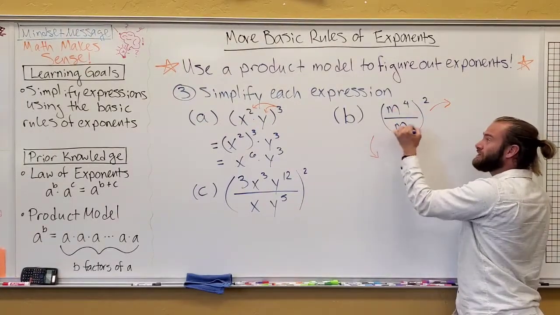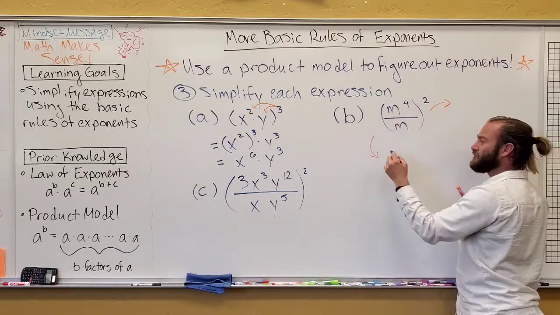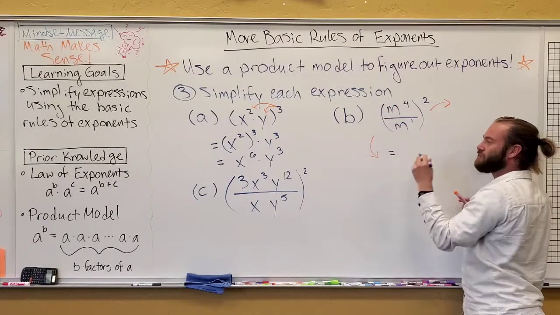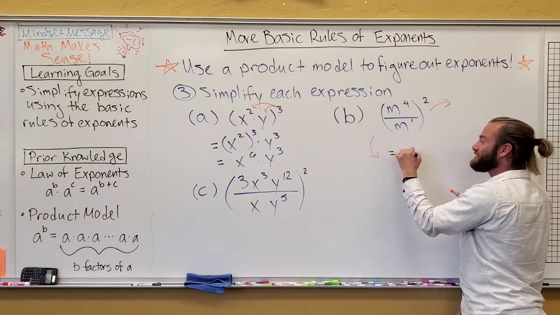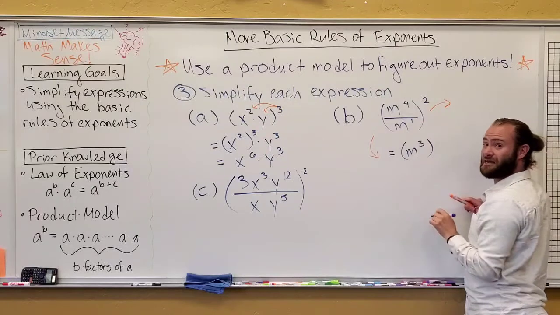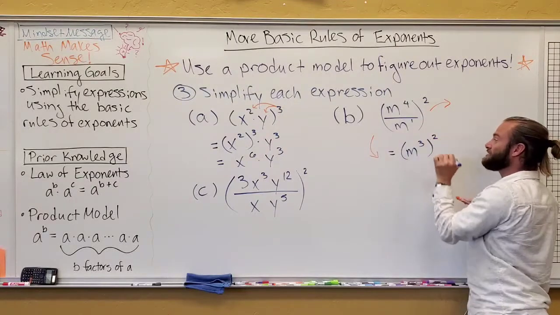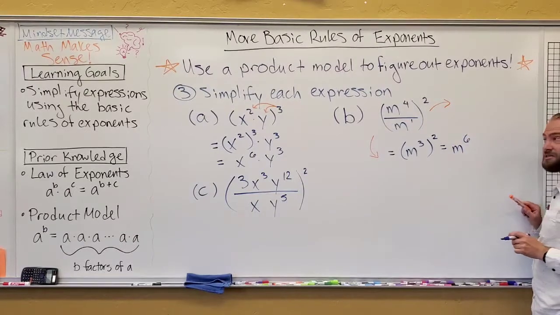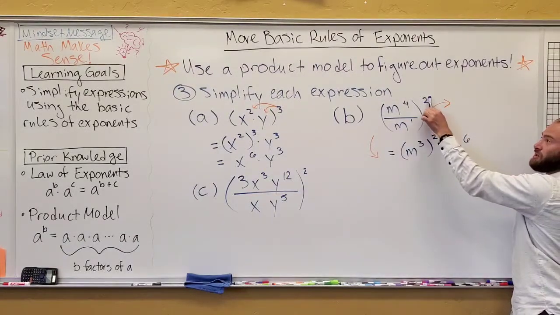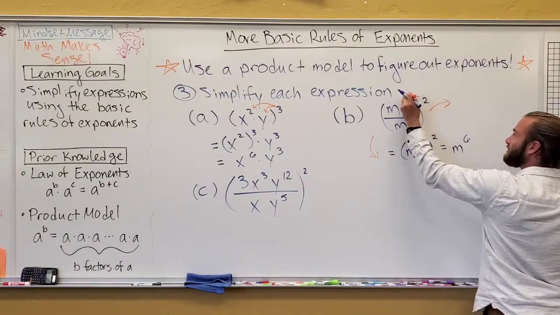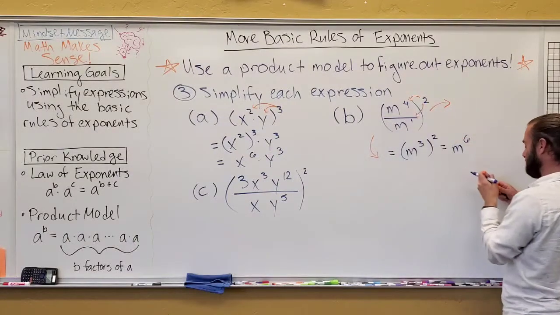You could deal with the m's inside first, and you could say, okay, well, m to the 4, and technically this is m to the 1, right? So you could think of it as m cubed, because we subtracted the exponents, and then squared, which then becomes m to the power of 6. Or if you wanted to, you could distribute this 2 in to everything first. So it could go in there, and it could go in the bottom.